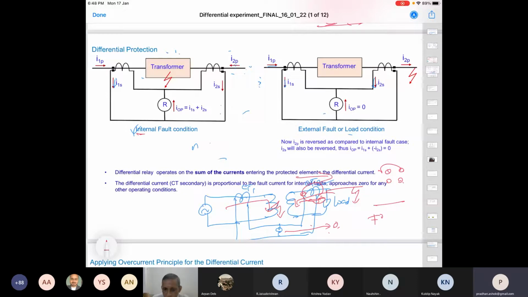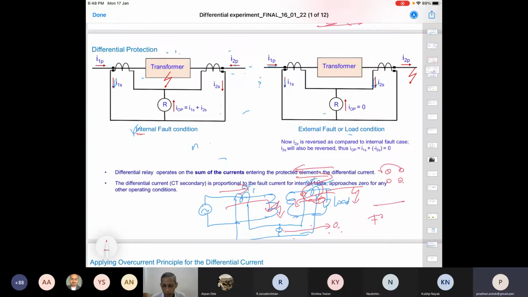Current was flowing here to here. Now, let us say both ends are sources, current will flow from here to here, while this current remains the same, 180 degrees out of phase. So in the differential relay setup, I set this equal to 0 first. That is the polarity connection of the CTs that I ensure.